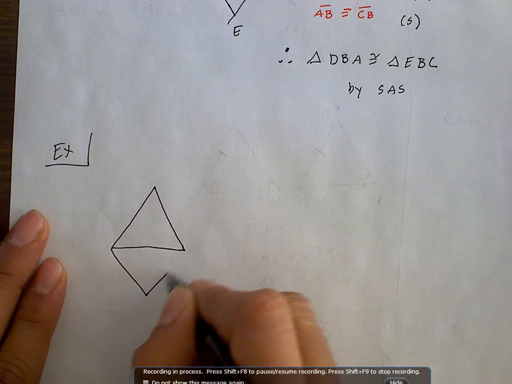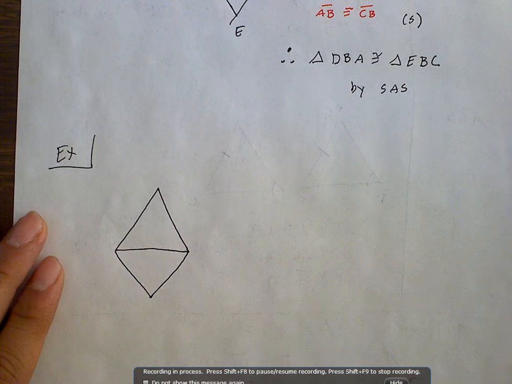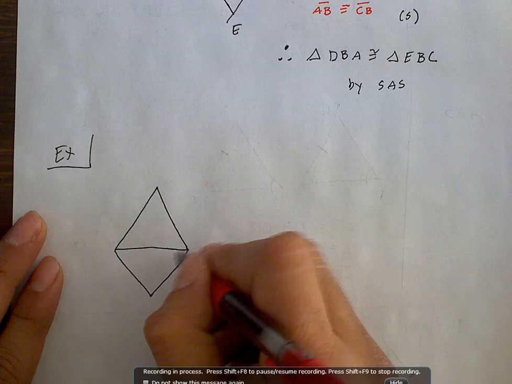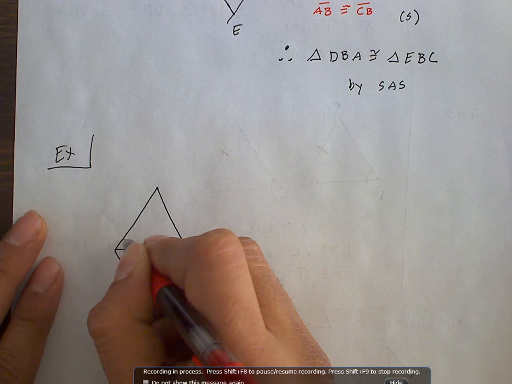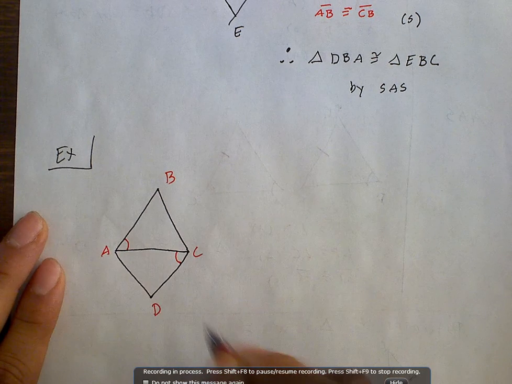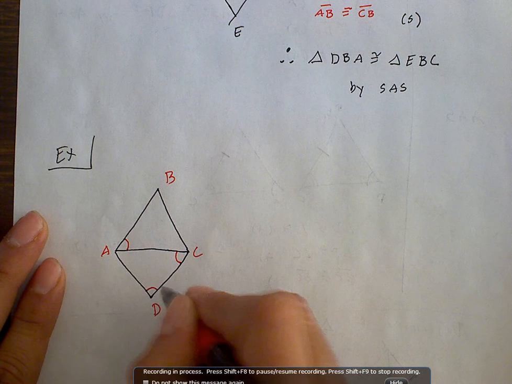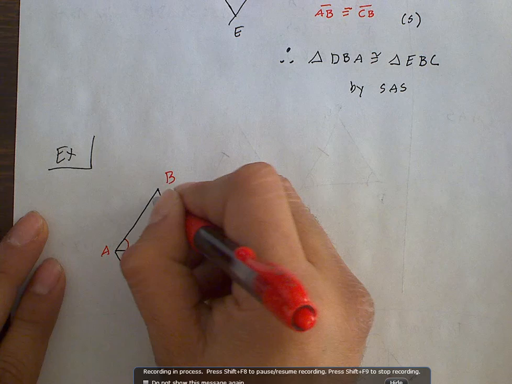Okay, so I know this one is congruent to that one. So let's go ahead and label A, B, C, and D. So those two are congruent. And I know those two are congruent.